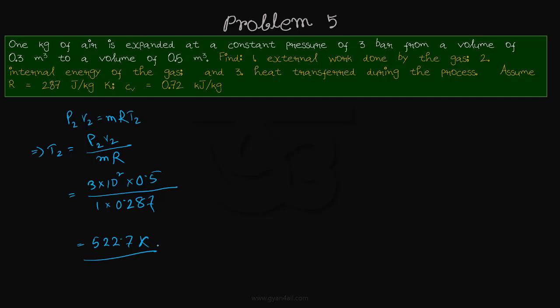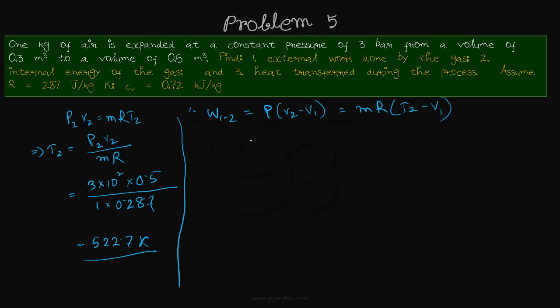So now we can calculate three things. Number one, we'll calculate the external work done by the gas during the process 1-2. So W12 is the work done during the process. W12 is equal to, we can use the formula P times V2 minus V1. We can also use the formula mR times T2 minus T1. So any formula will do because we know all the values.